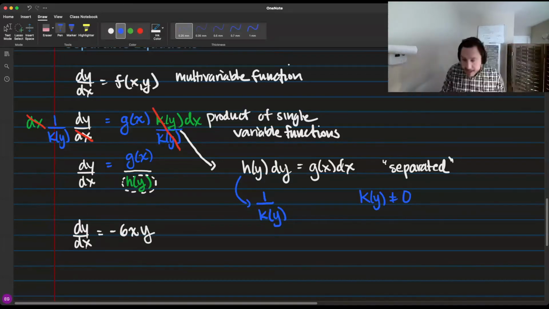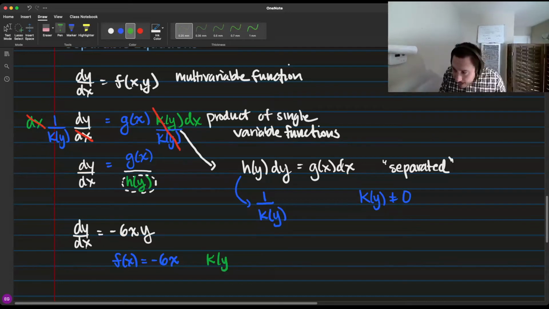You could say that our g of x was equal to minus 6x, in which case our k of y is equal to y. Is it possible that y is equal to 0? Yes, k of y equals y, so k of y can be equal to 0. So you don't get any solutions where y equals 0.